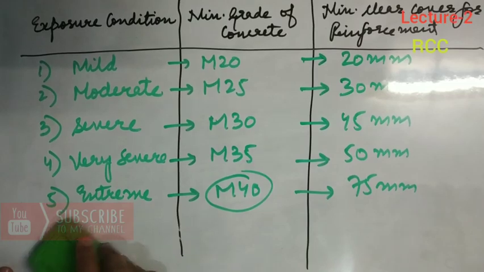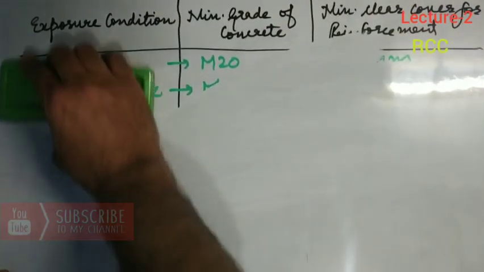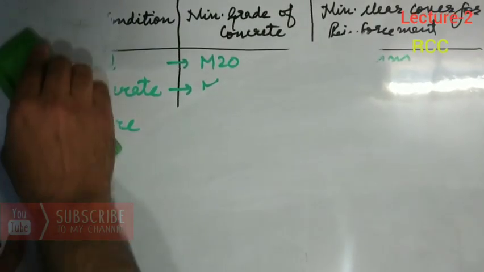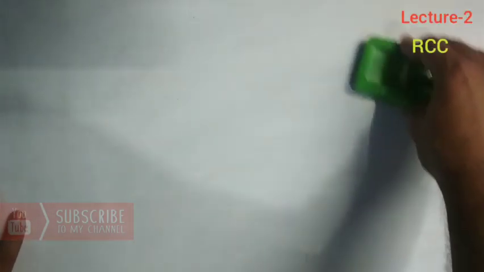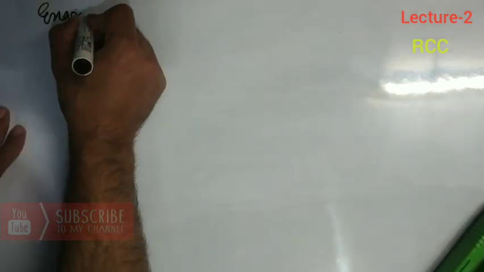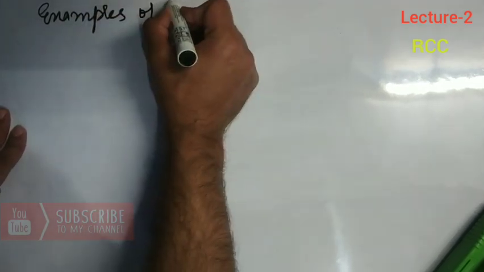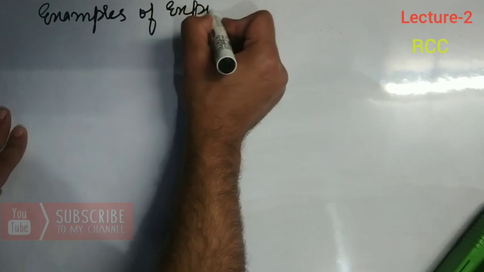Now we will move on to next topic, that is again regarding these exposure conditions. So the next topic is examples of exposure conditions.